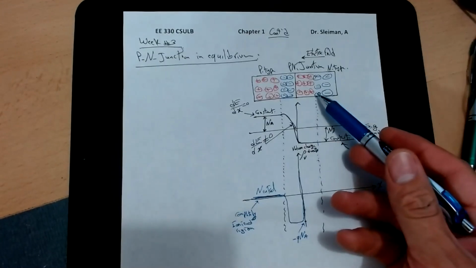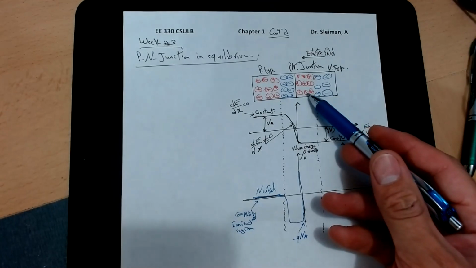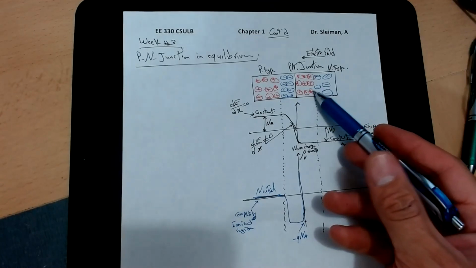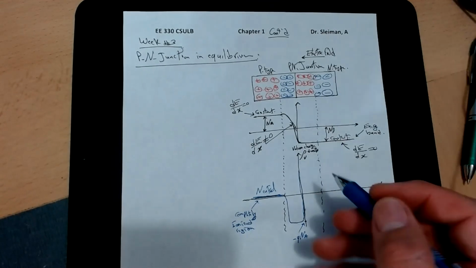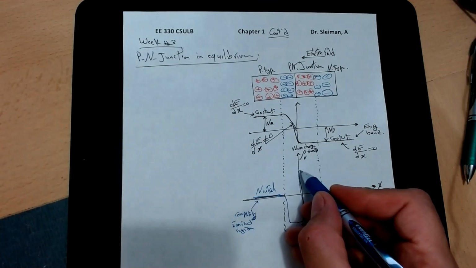On this side, that's the n-type. The number of holes in this region is high. So this is the completely ionized region in the n-type.